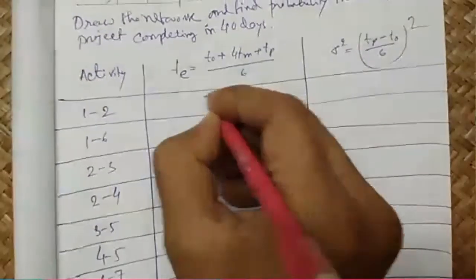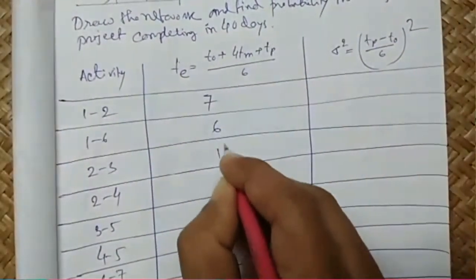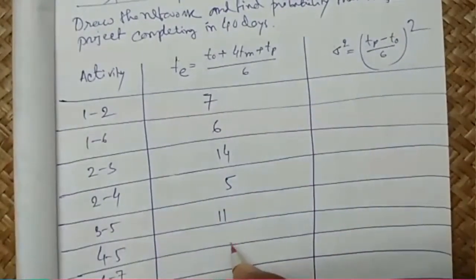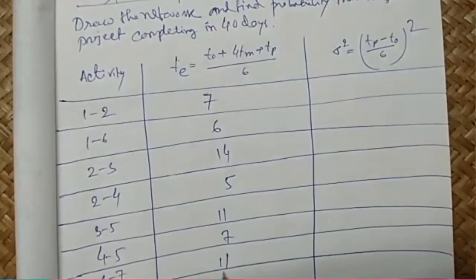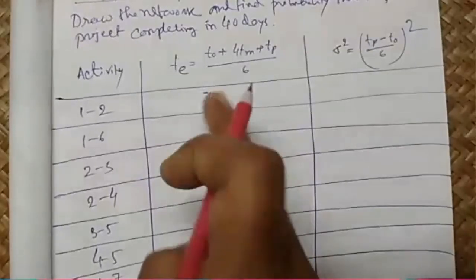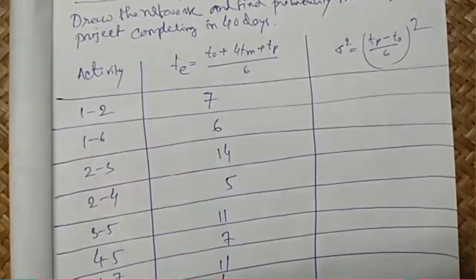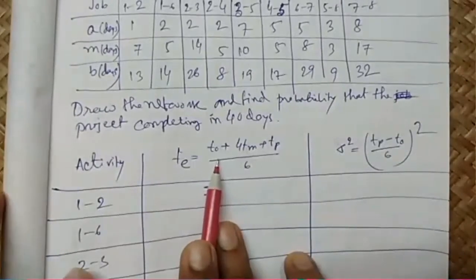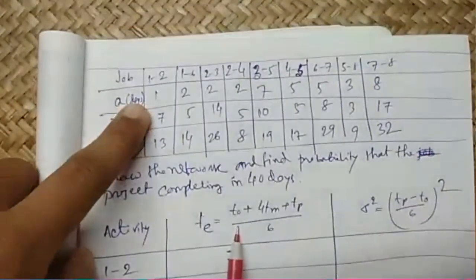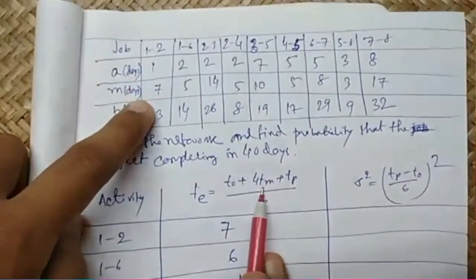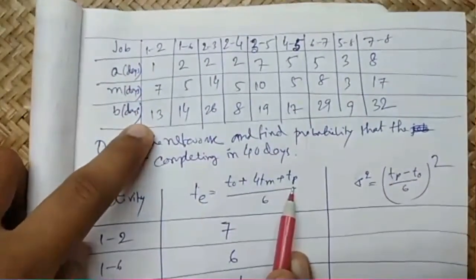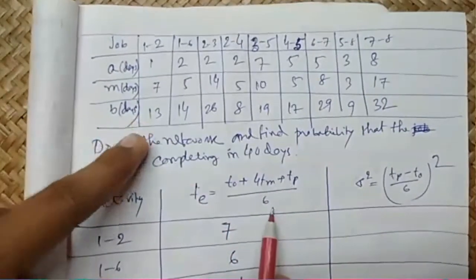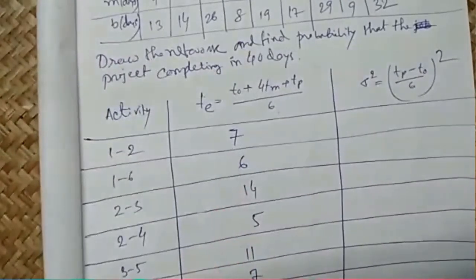This will be 7, 6, 14, 5, 11, 7, 11, 4, 18. I hope you all know how these numbers come. This is the formula. We just put the value of TO from here, TM is here, and TP is here, and for all the activities these three values are divided by 6. So this gives you this number.